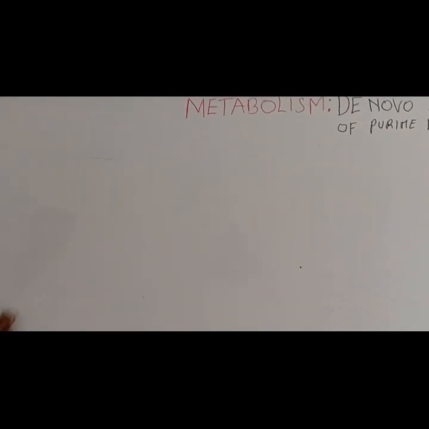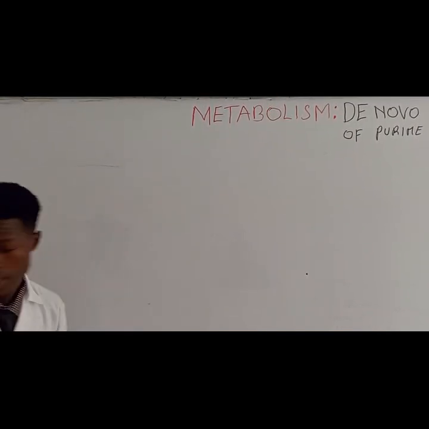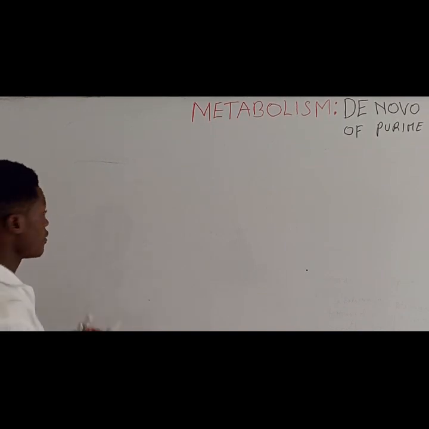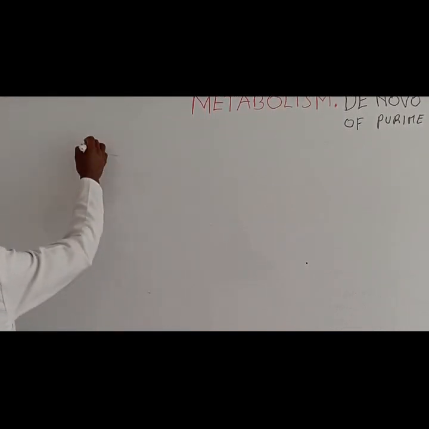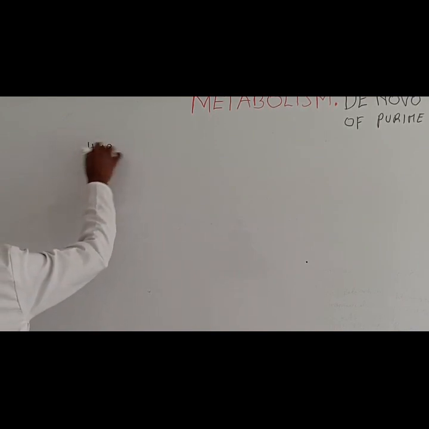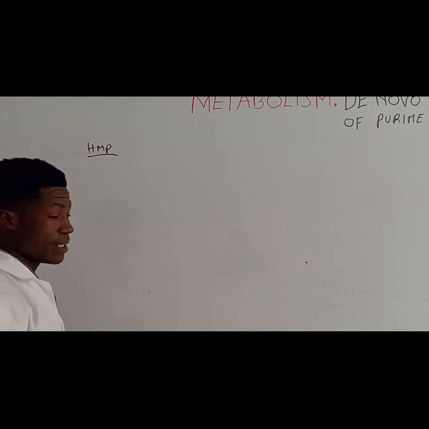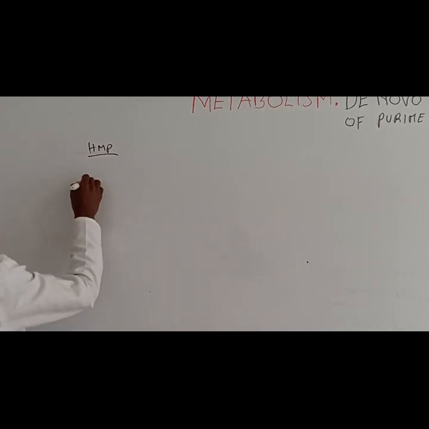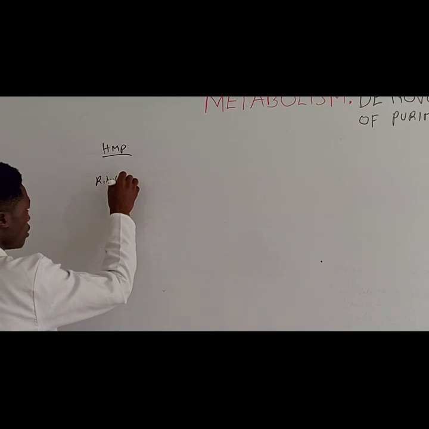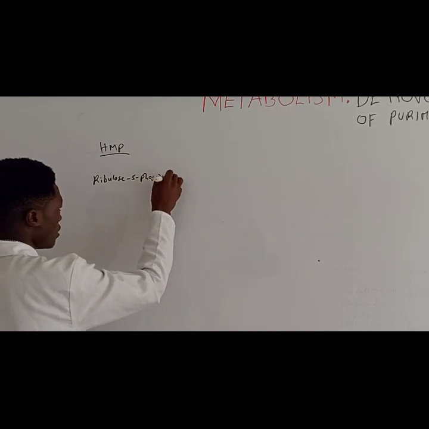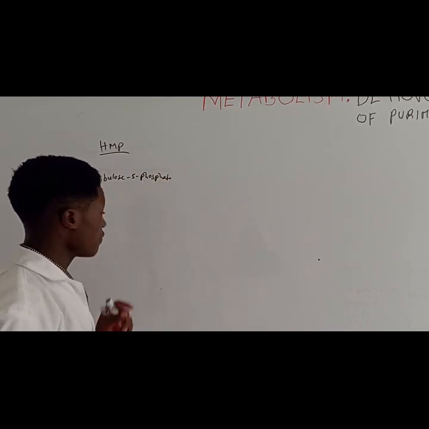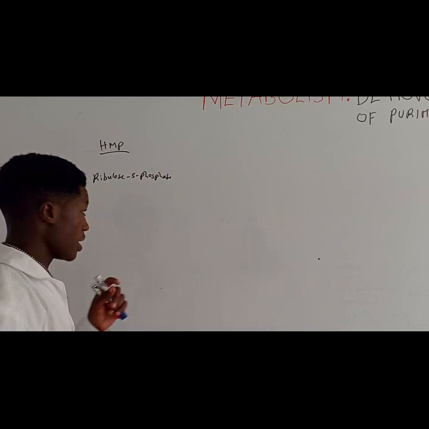Hope you guys remember the hexose monophosphate pathway from biochemistry, the HMP. In the HMP, you remember at some point when we had the ribulose 5-phosphate, we said that ribulose 5-phosphate can be acted upon by two enzymes.